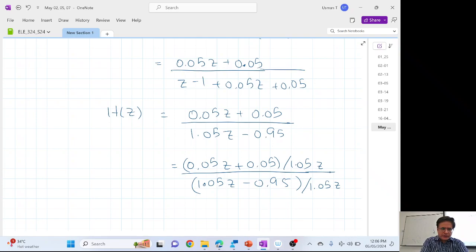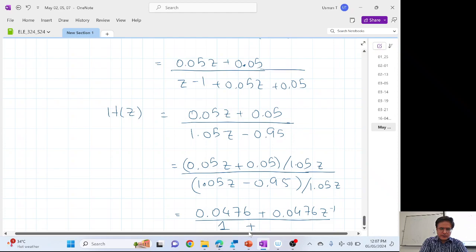When we do that, 0.05 divided by 1.05 comes out to be 0.0476, so 0.0476 plus 0.0476 z to the power minus 1 over 1 plus, then I have 0.95 over 1.05.